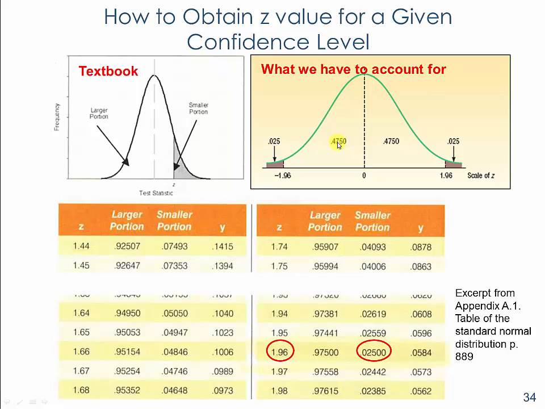In our book, we use the 2.5% to determine the z-score because it's only indicating one part of our distribution, so we have to take 2.5% there. And our z comes out to 1.96. So now we have the last piece of information that we're missing.